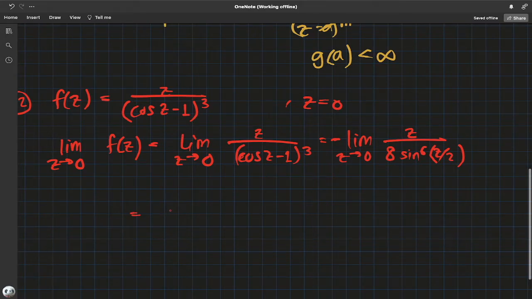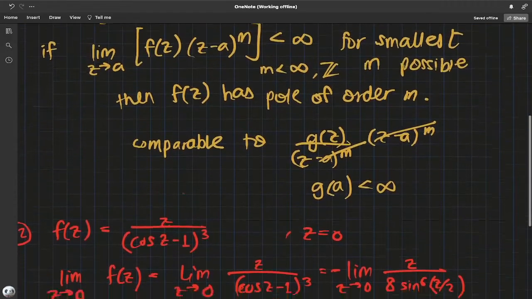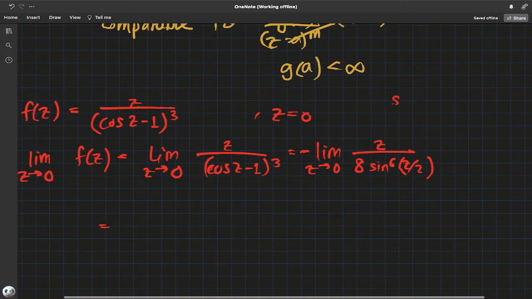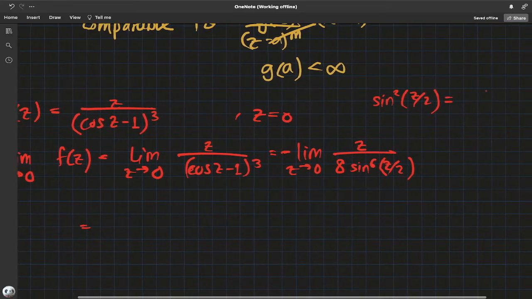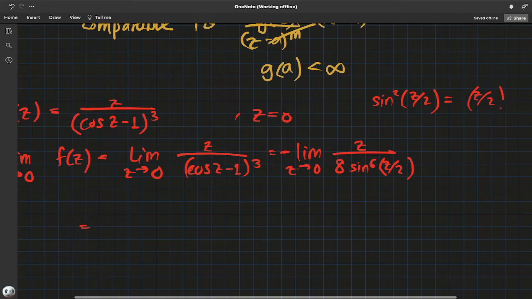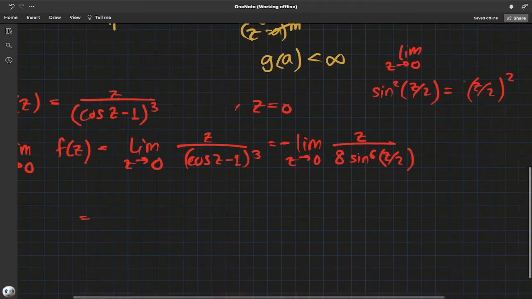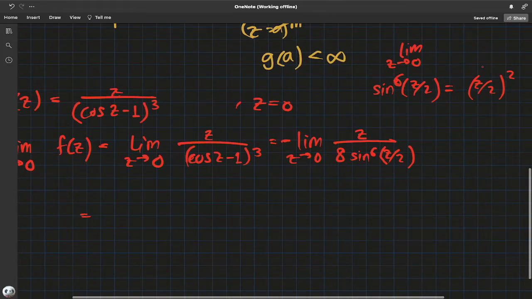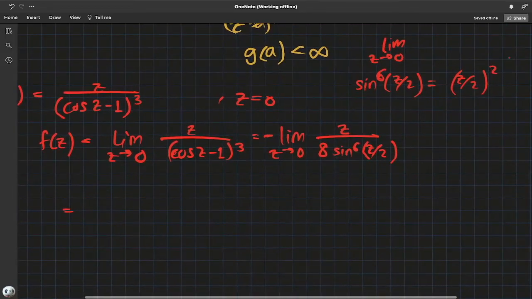And now remember this entire thing we did, where sine squared of z by 2 could be replaced by (z by 2) squared in the limit that z went to 0. Well, we can do the same thing for the 6th power too, because that's basically like multiplying by 1 anyways.